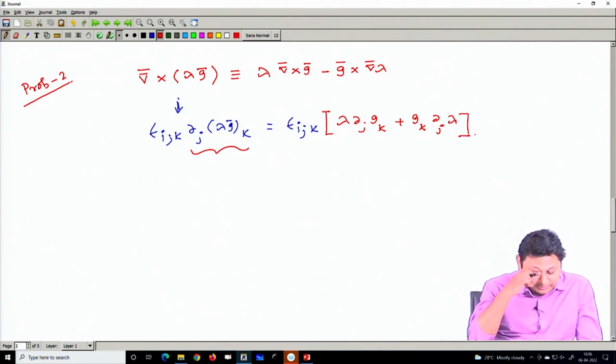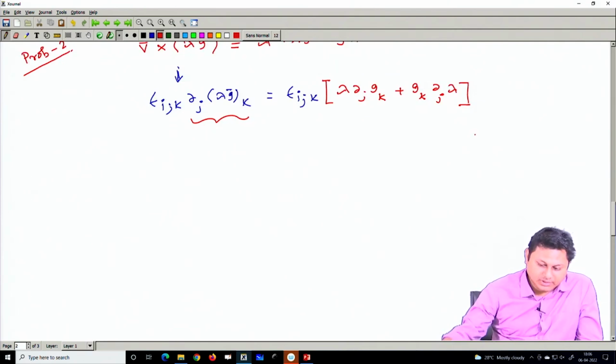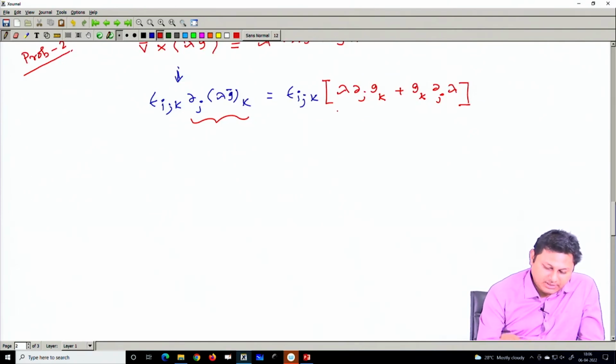Okay. So, lambda is a scalar. Okay. So, from here I can write lambda, then epsilon i j k del j g k.